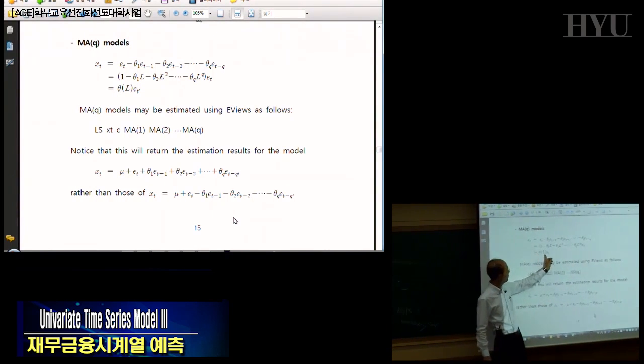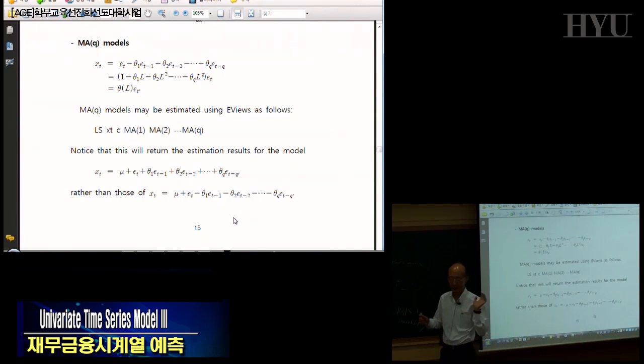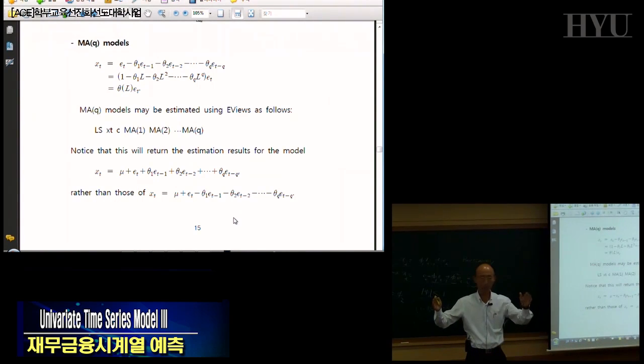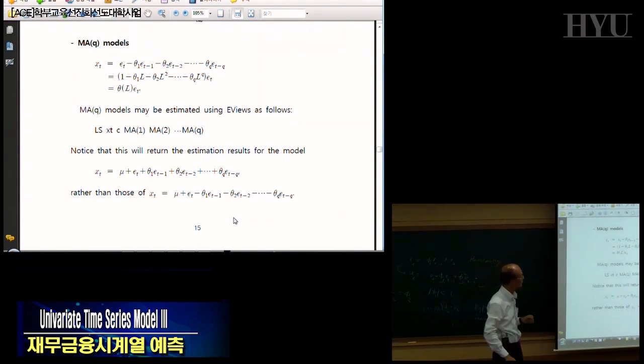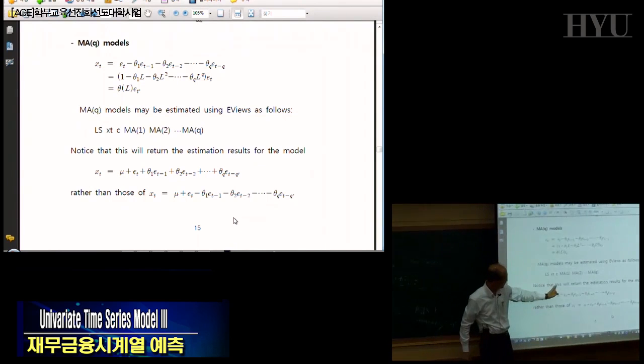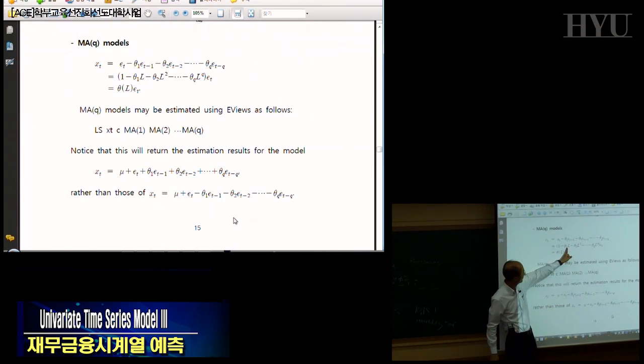So this polynomial theta has the same structure as the pi polynomial in our process. So this is kind of a mirror image. But in EViews, it will return not this theta 1, but the negative of theta. So this value.